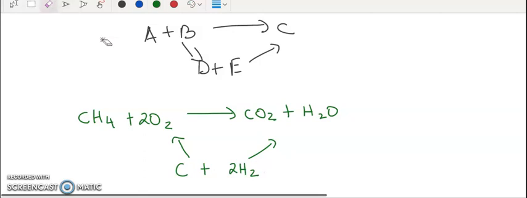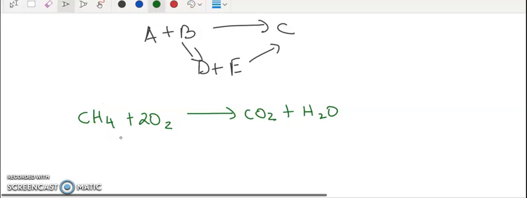Let me erase this and show you step by step how to form the lower line. Because this is standard enthalpy change of formation, remember that it is when a compound is made up of its elements. This is the compound we are looking at because it burns with oxygen.